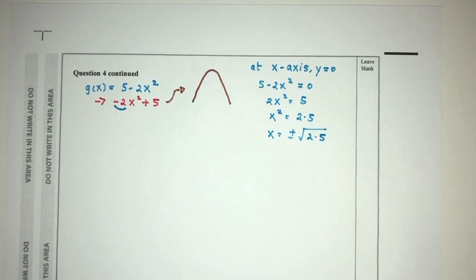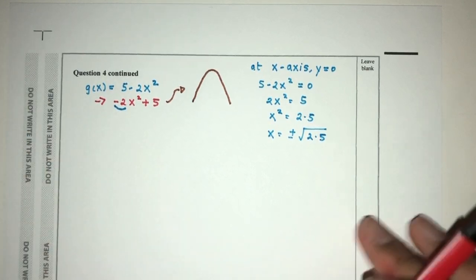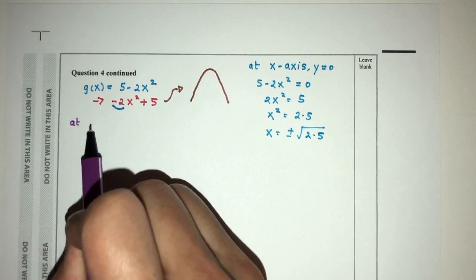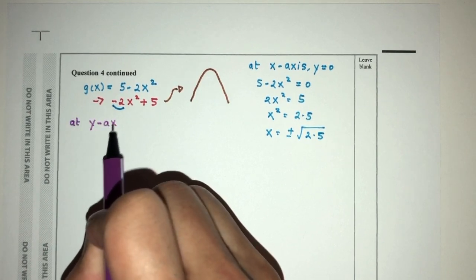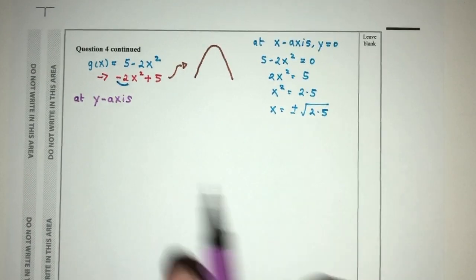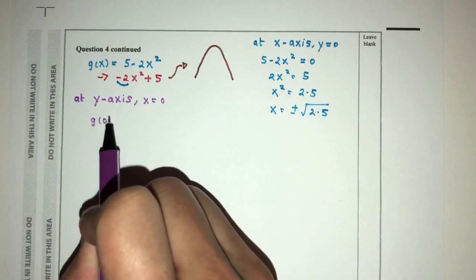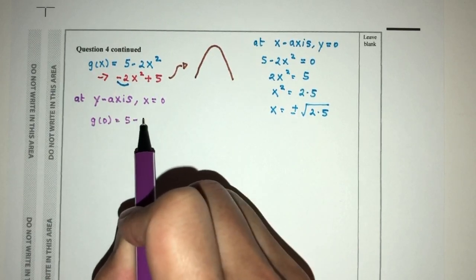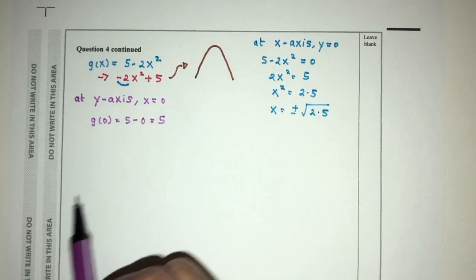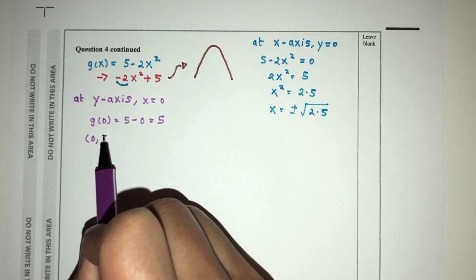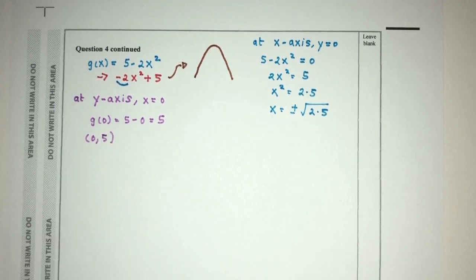That is the first thing we have to know. The next one, continue for the y-axis. So at the y-axis, what do we have to know? The value of x has to be 0. So g of 0 will be 5 minus 0, and that will be 5. The point is (0, 5) for the point on the y-axis.